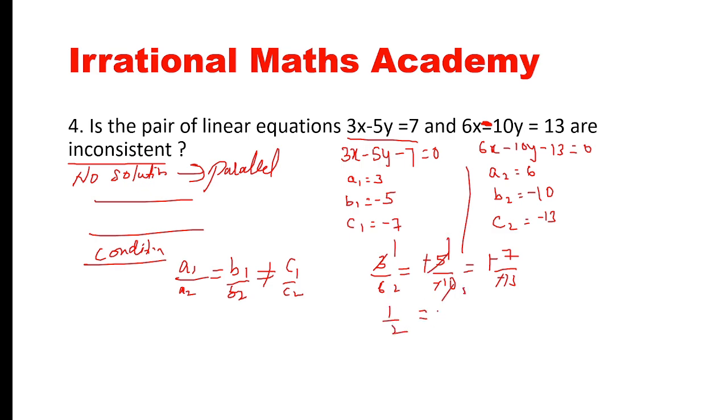So 1 by 2 equal to 1 by 2, which is not equal to 7 by 30. So you can see it is satisfying the condition. Inconsistent lines.